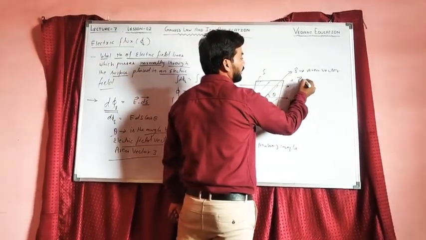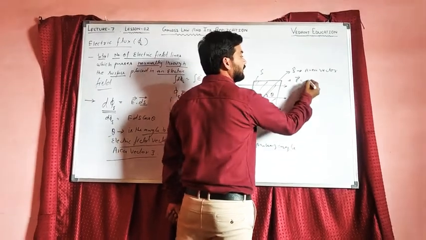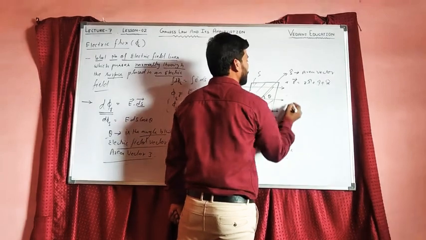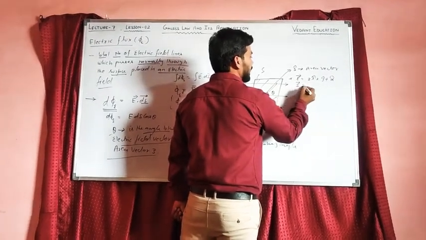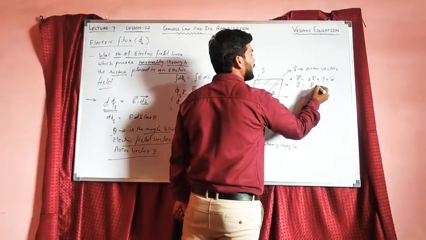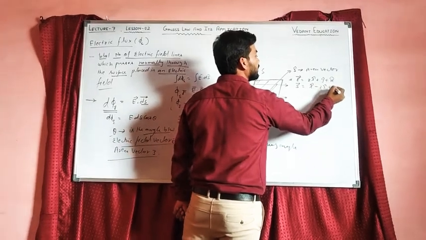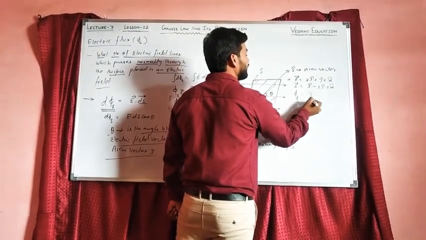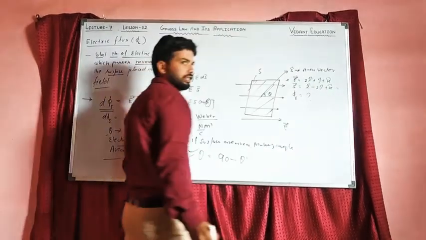Let's see the numerical problem. If the electric field vector is given as 2i cap plus j cap plus k cap, and the area vector S is given as i cap minus 2j cap plus k cap, the question says to find the electric flux linked with this surface area.